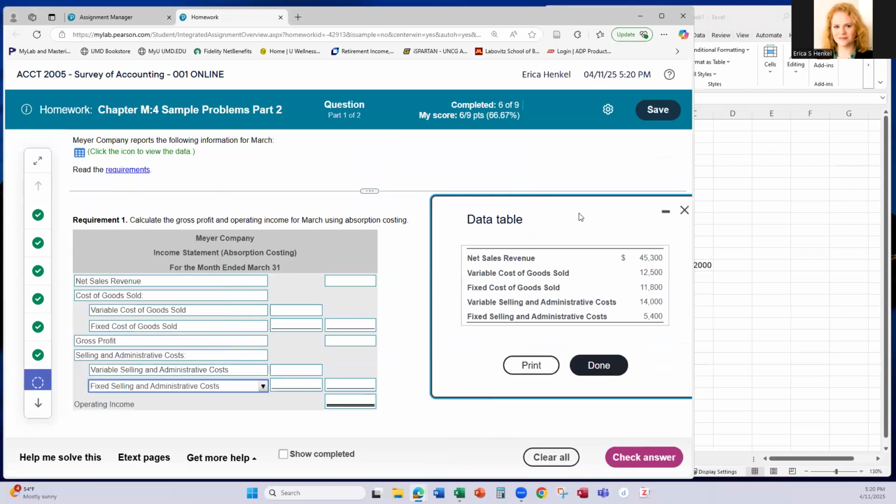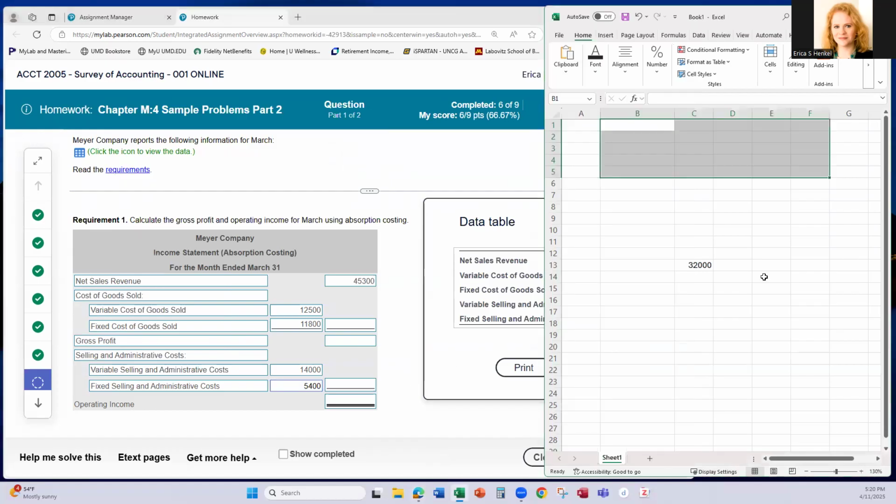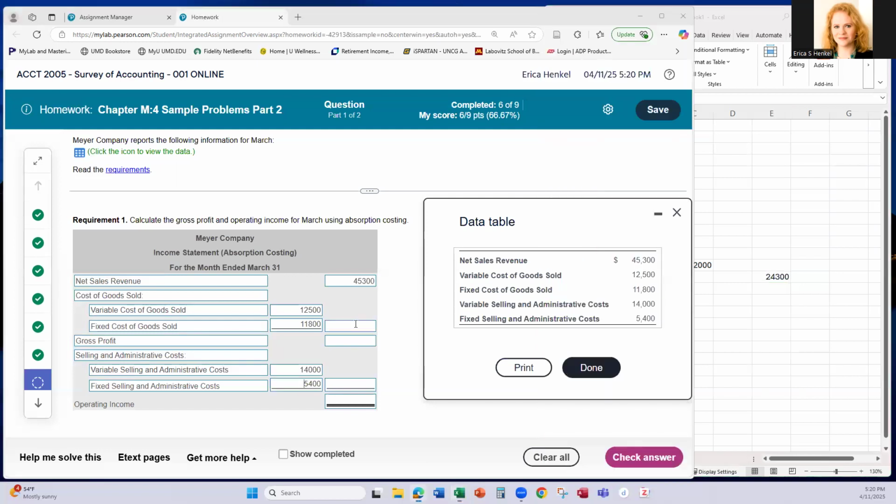So looking at our data here, all right, let's see if I can move this over so I can see this, plugging it in. 45,300, variable cost of goods sold, fixed cost of goods sold, and variable selling and administrative, and fixed selling and administrative. Okay, so in total here then, for cost of goods sold, we have 12,500 plus 11,800 to get us to a total of 24,300.